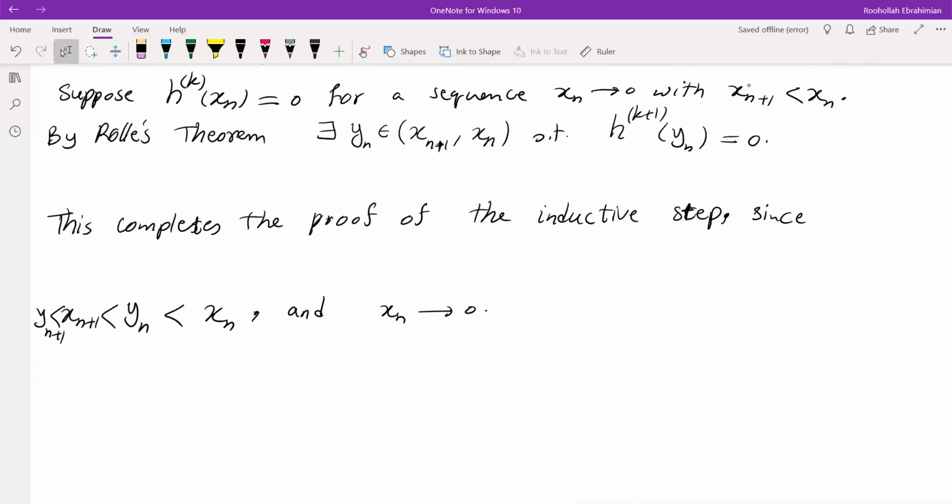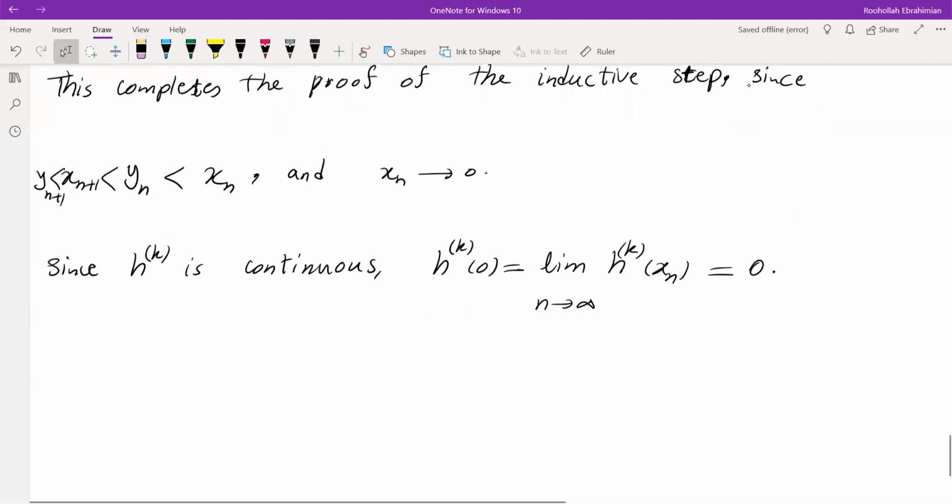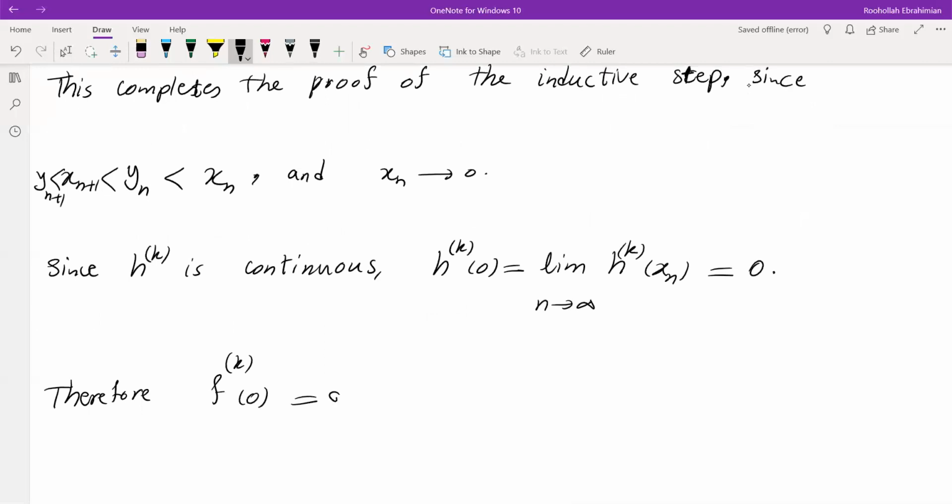So since h^(k) is continuous, h^(k) of 0 is the limit as n approaches infinity of h^(k) of x_n, which is 0. Therefore, f^(k) of 0 is equal to g^(k) of 0, because h was f minus g.